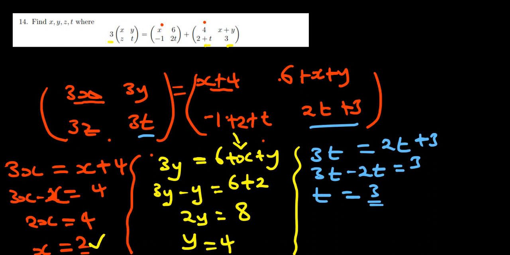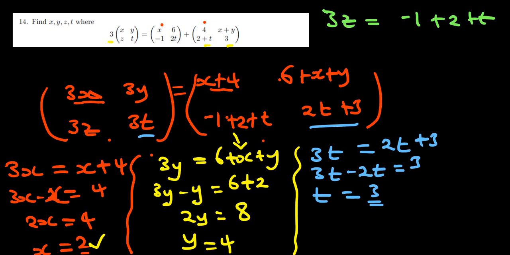Okay, and then now we can find the one for z. For z, we are having 3z equals minus 1 plus 2 and then plus t.